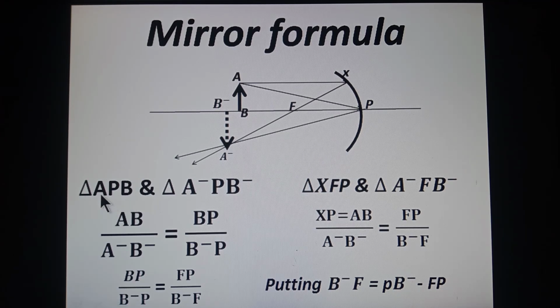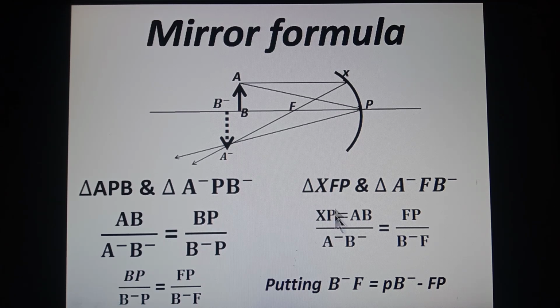So considering triangle APB and triangle A prime B prime, the ratio of their two perpendiculars, AB over A prime B prime, is equal to the ratio of two other sides, that is BP, the base of the first triangle, over B prime P, the base of the second triangle. So these two ratios will be the same because the triangles are similar.